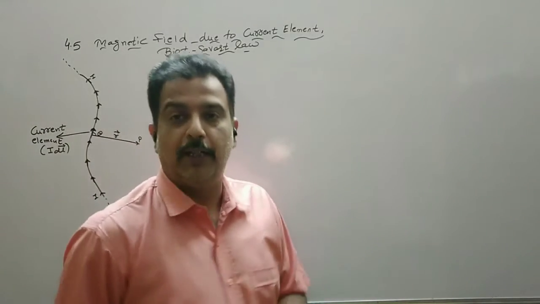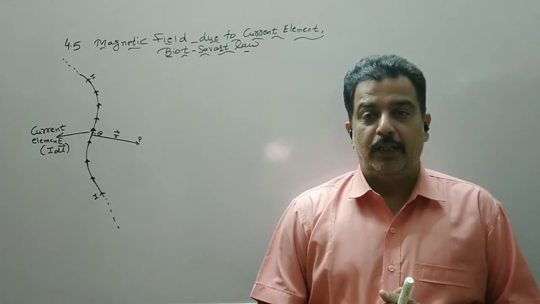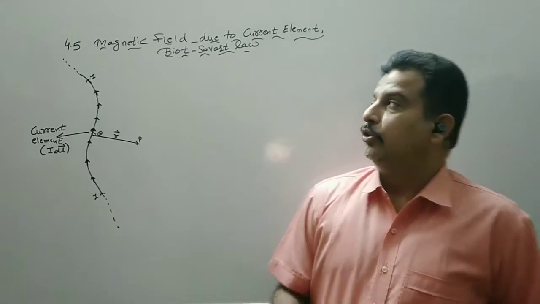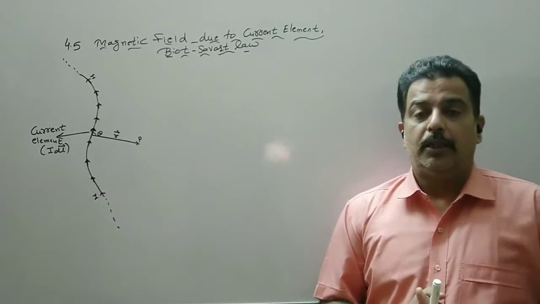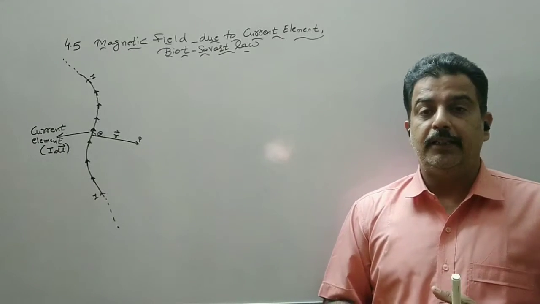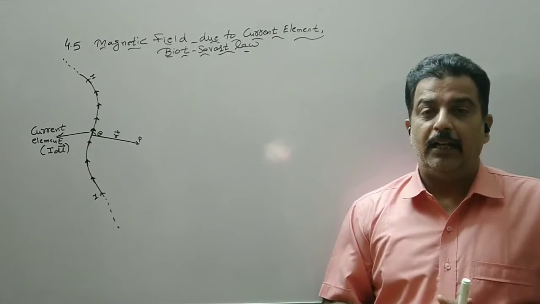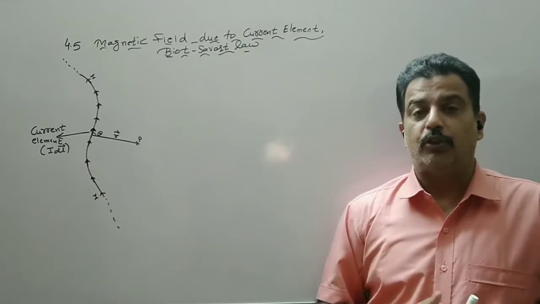So we have to find out the magnetic field intensity at point P using the Biot-Savart law. So the entire wire or conductor is divided into small elements. Each element is referred to as a current element, denoted by I dL vector. So here the direction will play an important role.